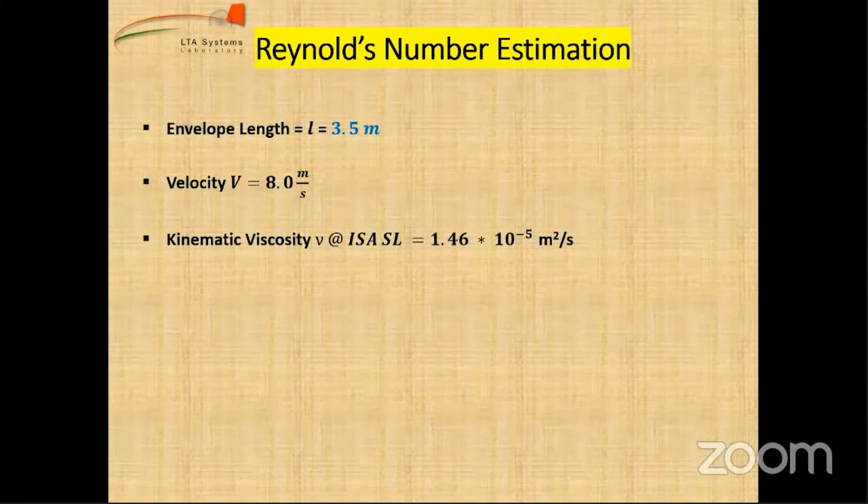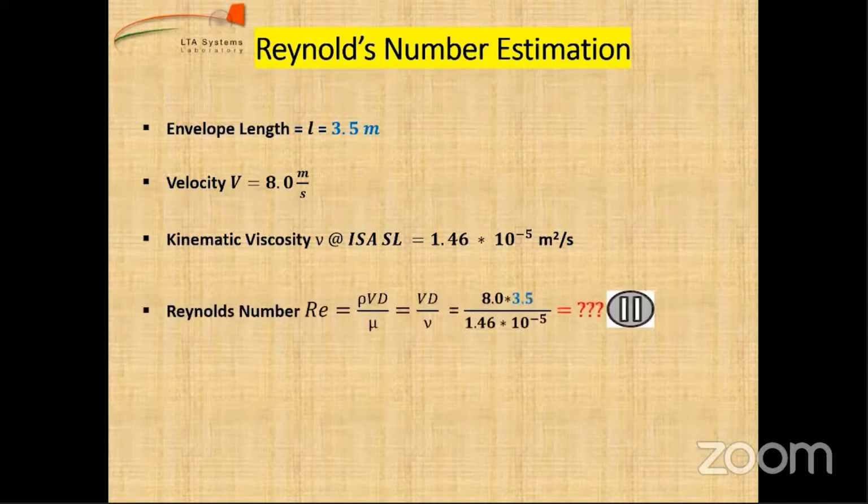Kinematic viscosity at sea level is 1.46 into 10 power minus 5 meter square per second. Dynamic viscosity divided by density is given to you now. So Reynolds number will be VL by nu. What is the Reynolds number now? Try to give the answer in 10 power 6, in millions.